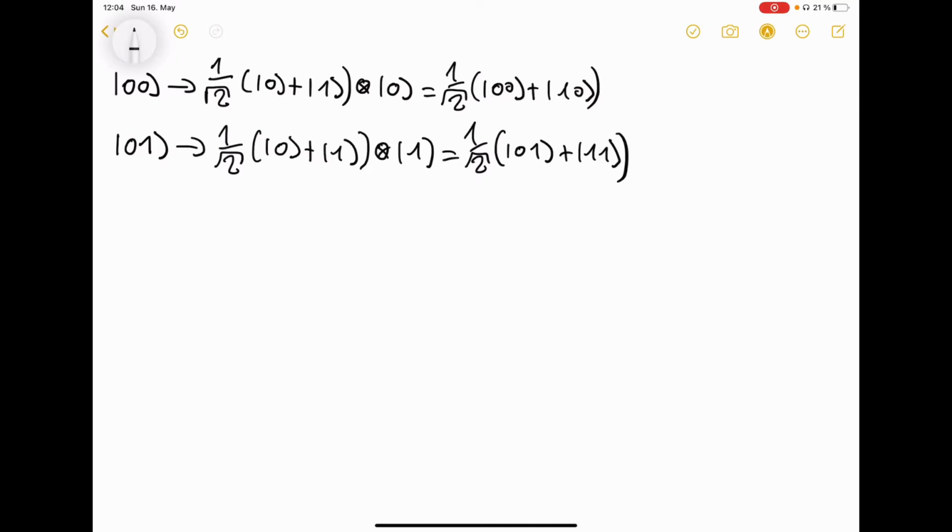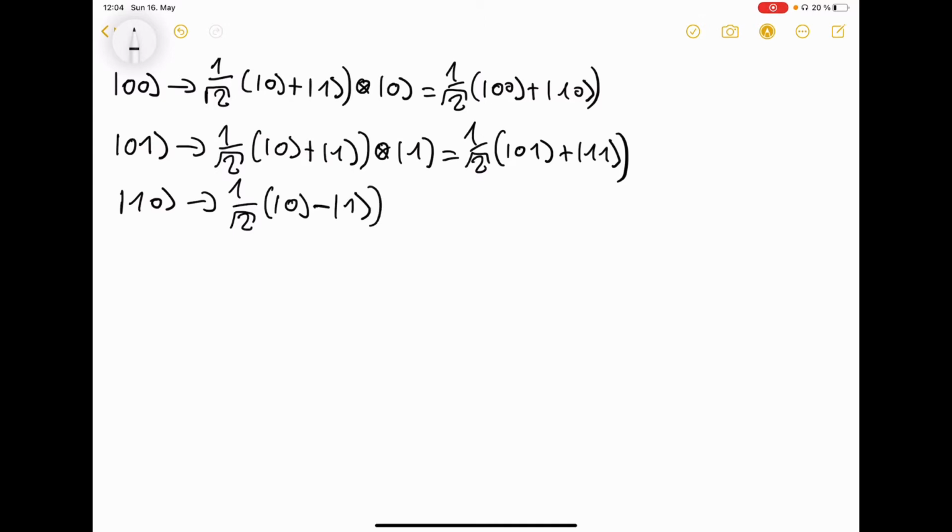The third possible input state that we can start with is |10⟩. This gives us the same Hadamard transformation, but actually not the same superposition state, because there's a different relative phase here. Remember, applying the Hadamard to 0 gives us a positive relative phase, applying it to 1 gives us a negative relative phase.